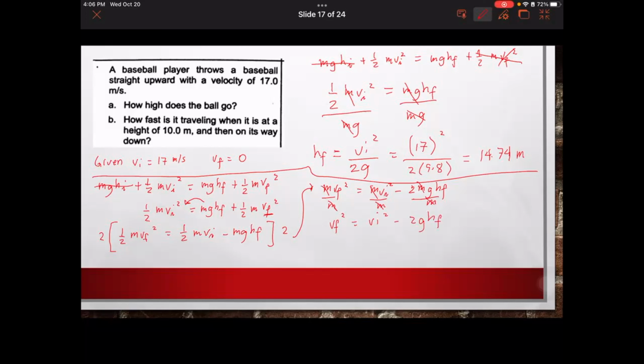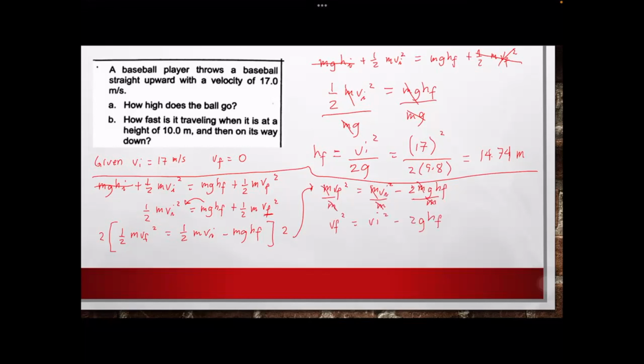Yan na, magkakaroon na tayo ng given dito. Yung vi natin, initial velocity, is 17 squared minus 2 times 9.8. Then yung hf natin from the given is 10, so times 10 tayo. So therefore, vf squared is equal to, paki-compute po.